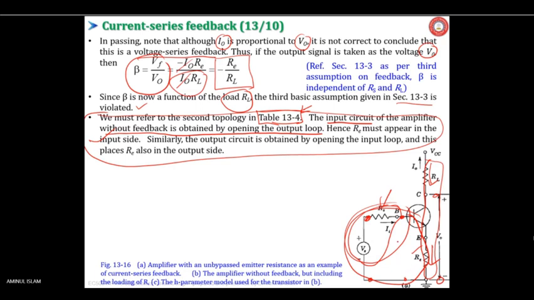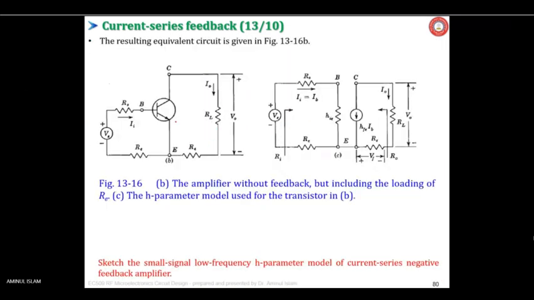If you redraw based on this discussion, we get this circuit. See that RE has been put into the input loop as well as into the output loop. Are you getting it? The same circuit has been redrawn to capture the concept that RE is falling into the input loop as well as the output loop.